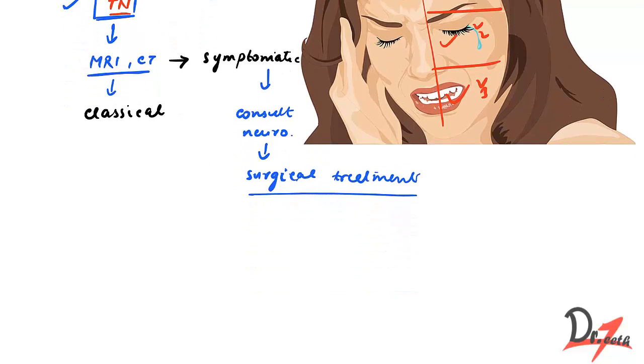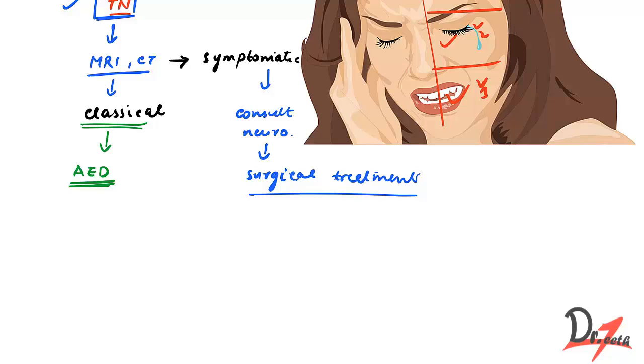Now let's suppose Pushpa has classical TN. So what you're going to do, you will give her AED, that is anti-epileptic drugs. We studied that we give carbamazepine to check whether our diagnosis is correct or not.